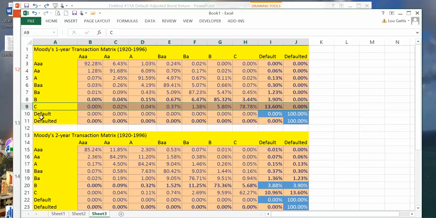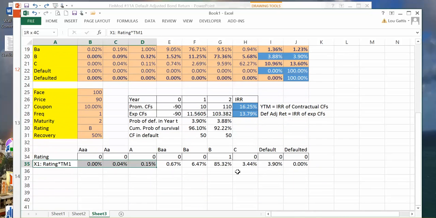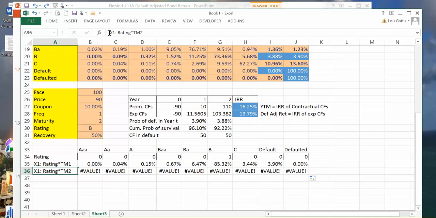So I'll change that back to B. And I'll just copy this formula down. And let's make a vector called x2, which is ratings times this 2 year transition matrix. So let me highlight this. And let me just fix this.